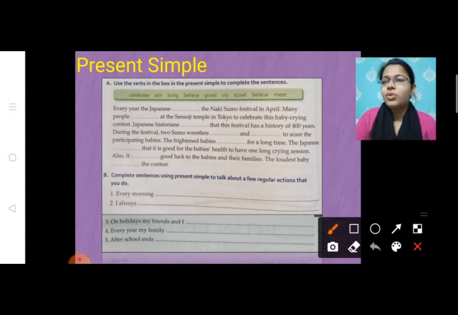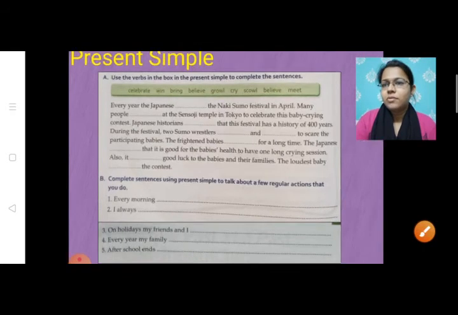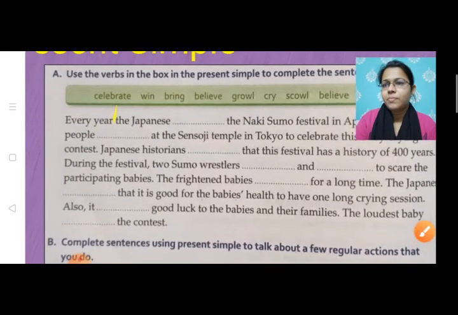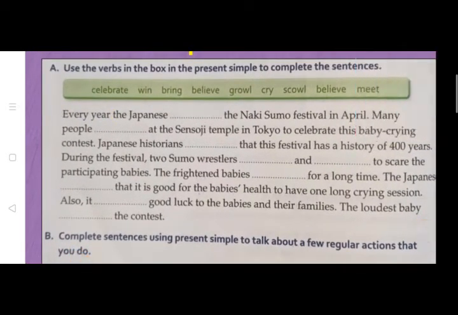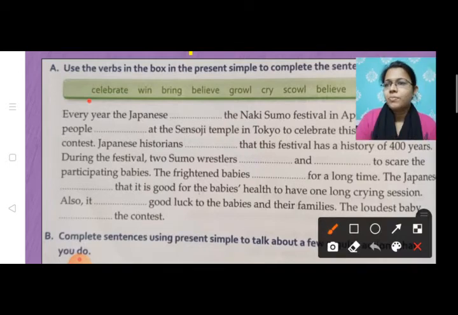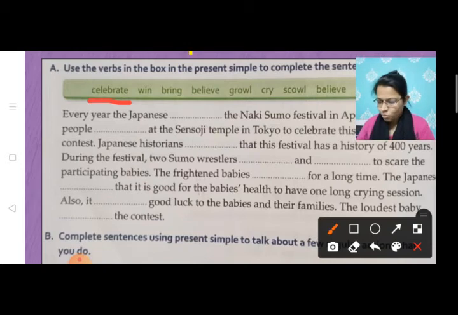The first word we would be using over here is celebrate. So students, write down the answer celebrate in the first blank. Second one, many people dash at the Sensoji temple in Tokyo to celebrate this baby crying contest.